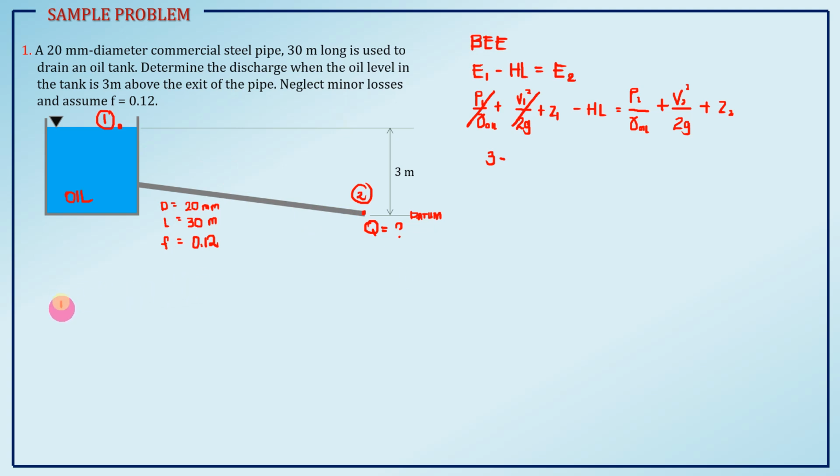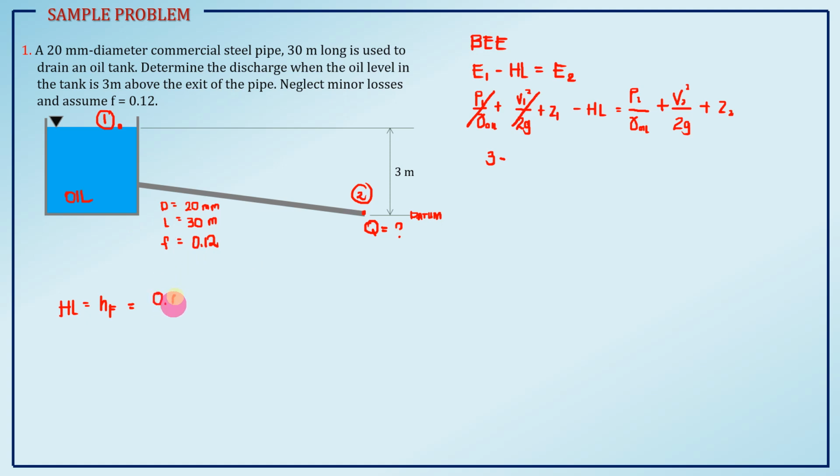So, HL here is equal to your HF. We have certain equations for HF, the major head losses: Darcy-Weisbach, Hazen-Williams, and Manning's. But here we have a given friction factor, so we will use Darcy-Weisbach. Recall the equation for Darcy-Weisbach.